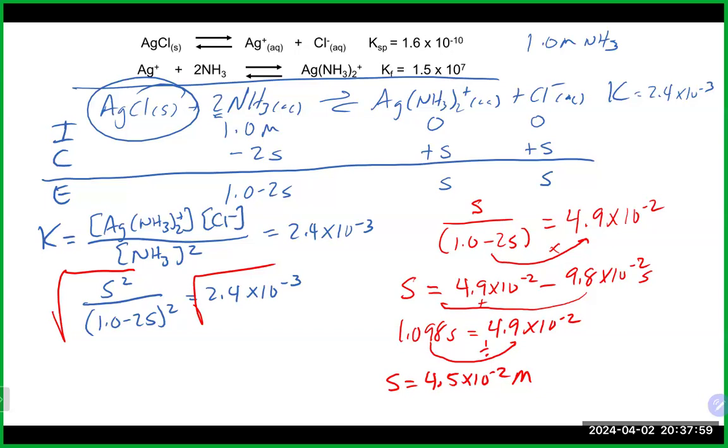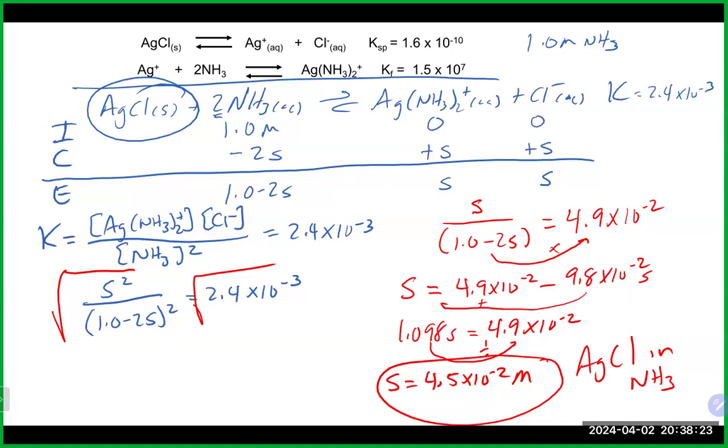Any questions on that there? That is the molar solubility of silver chloride in ammonia. Any question on any of those steps?